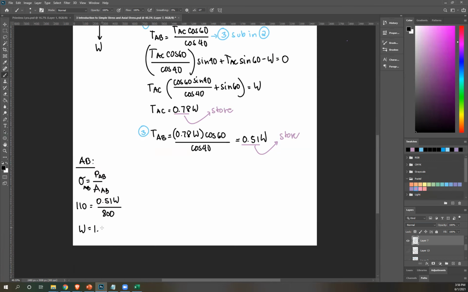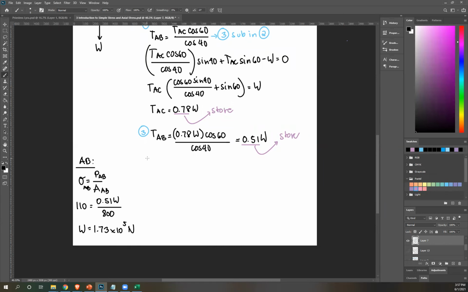It's 1.73 times 10 raised to 5 newtons, or, depending on what unit is being asked, it's also 172.55 kilonewtons, or 173 kilonewtons. Okay, so that's only the allowed weight considering stress AB.